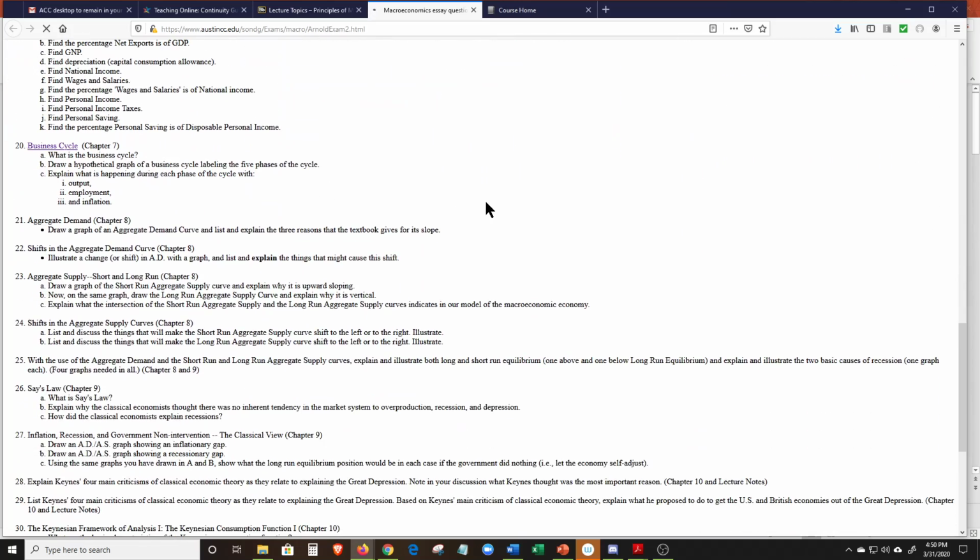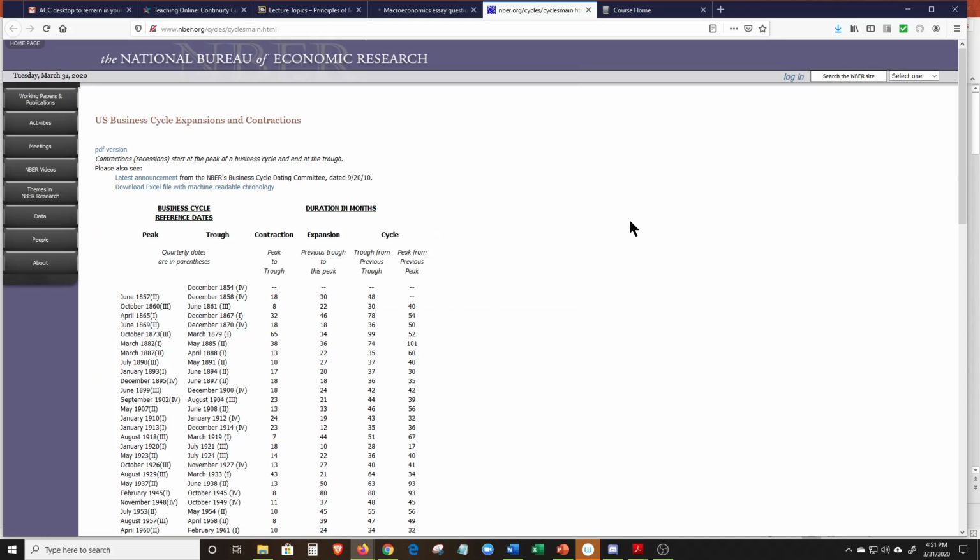Topic 20, the business cycle. Oh, good. There is this handout here that we can open up. Let's open it up. There we go. We'll come back to this. It basically is U.S. business cycle expansions and contractions, published by the National Bureau of Economic Research, which is a private think tank founded by Wesley Mitchell, probably about a century ago, to study business cycles.